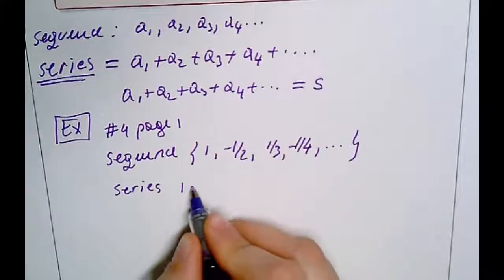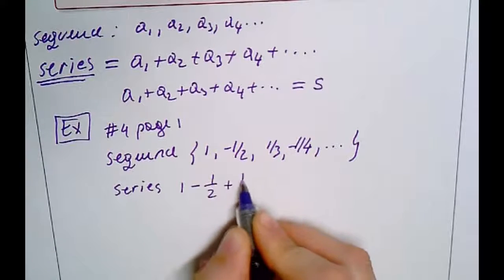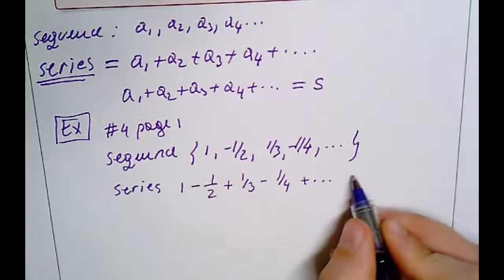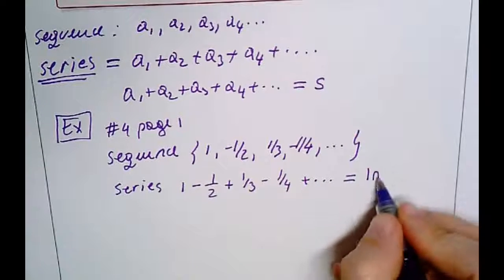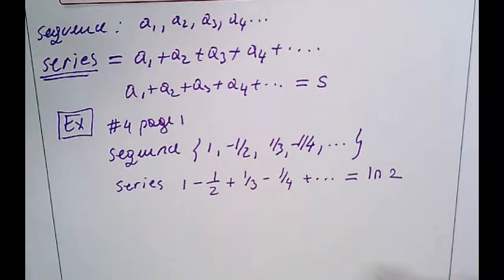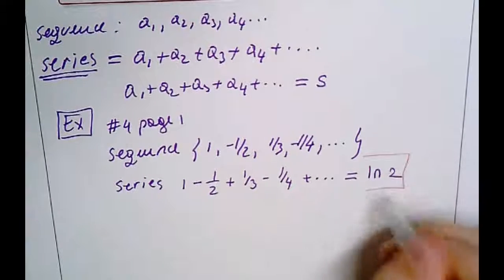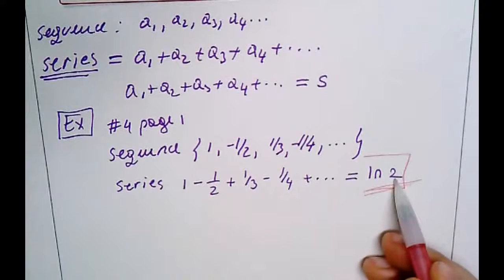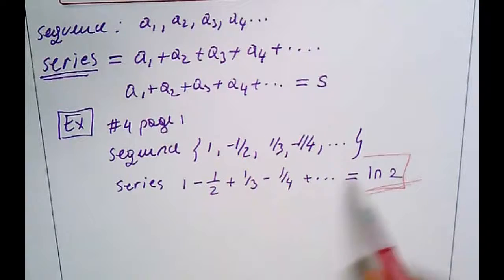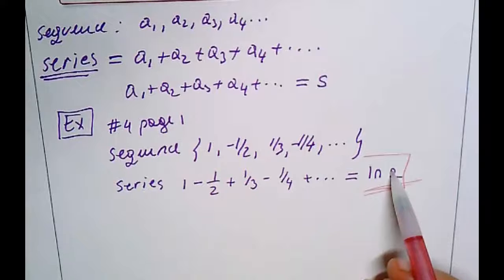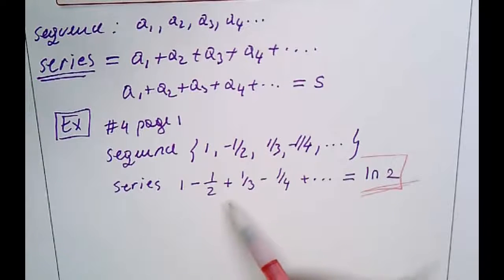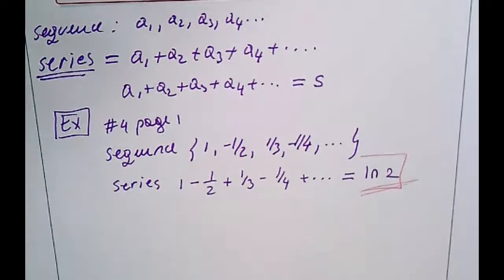So it's going to be 1 minus 1/2 plus 1/3 minus 1/4, and so on. You actually learn in Calc 2 that this is ln of 2. You don't need to know this right now, but I'm just saying that this is going to add up to a single value. So we're going to say that this series converges to ln of 2. But there are some series that diverge. You'll see more in Calc 2.